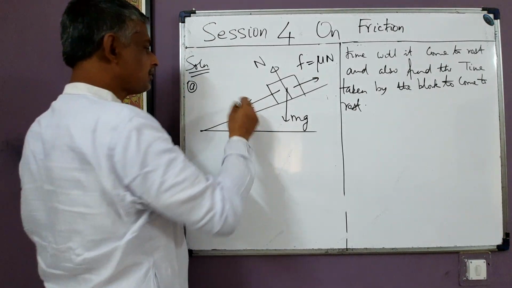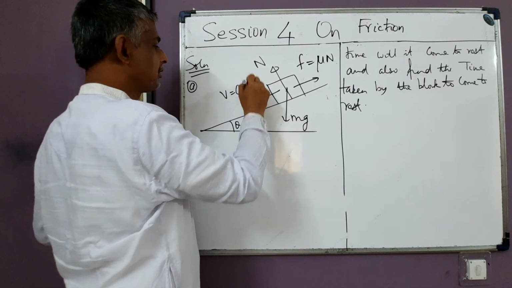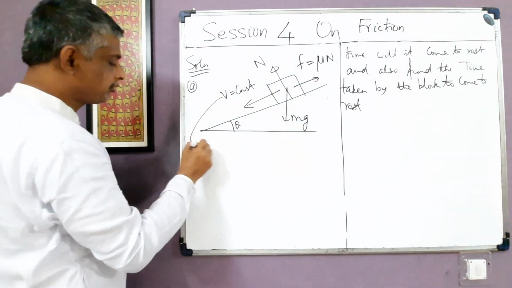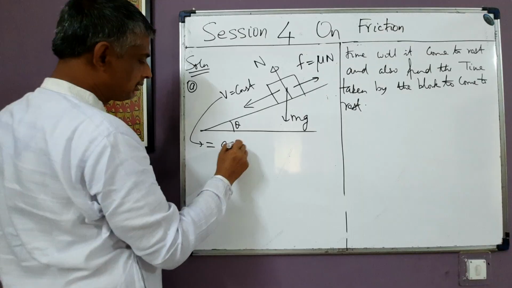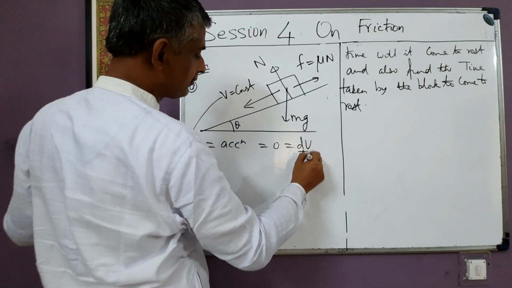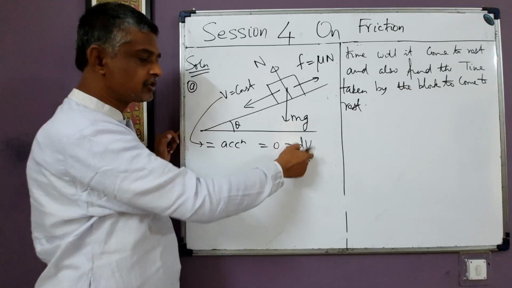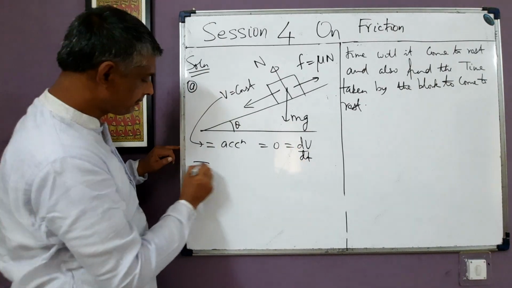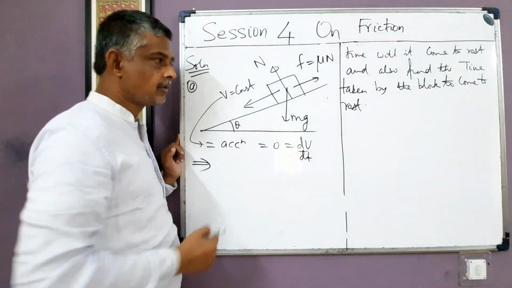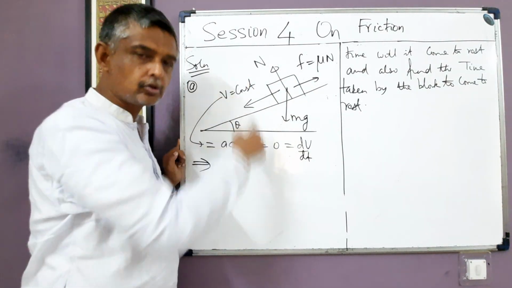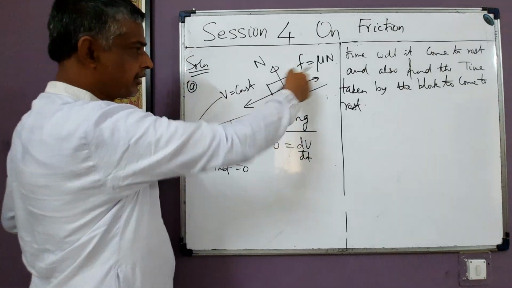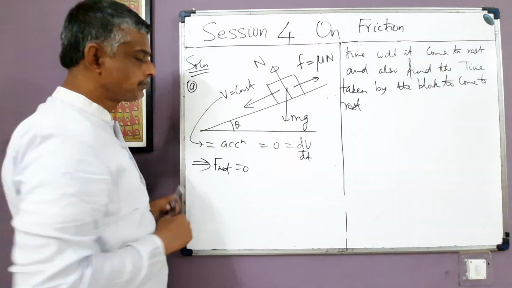Now, the speed of the block v is constant. I have denoted the constant speed by v. So constant speed means the acceleration of the block is 0, which is simply dv by dt. Since speed is constant, the derivative of a constant is 0, so acceleration is 0. This means the net force on the block is 0 down the incline and also along the normal to the incline.